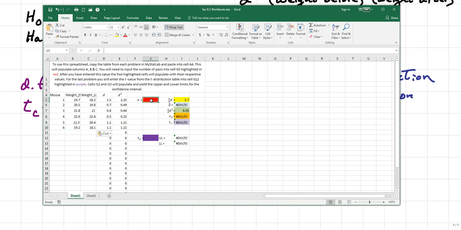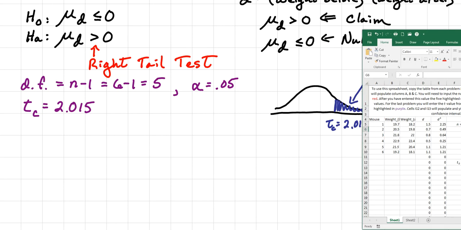Now under N over here, you're going to have to type the number of pairs, which in this case is 6, and if you press the enter key, you'll notice that it populates the sigma D, the D bar, the sigma D squared, the s sub D, and the t sub c. The t sub c in this particular case is going to be the critical value that you're looking at to compare to the value that you just obtained from the table. So let's go ahead and continue working on this particular problem.